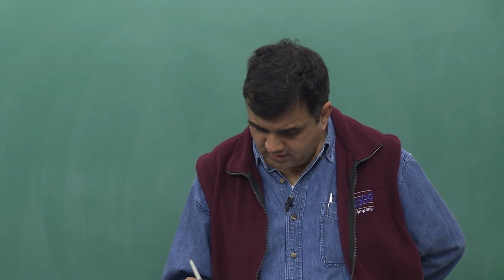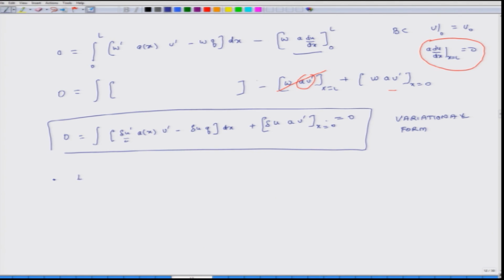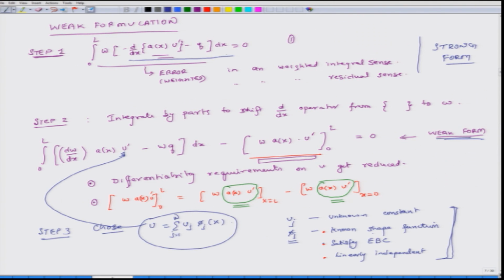Another point is that if the differential equation is linear and of even order, then we will see that the weak form is symmetric and bilinear in U and W. So, if you look at our original equation, this equation is linear in U, we do not have a U square term, right.